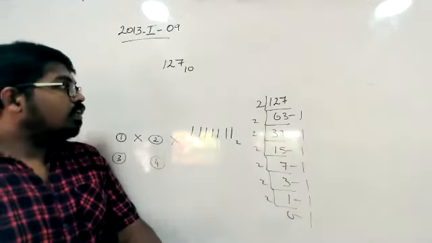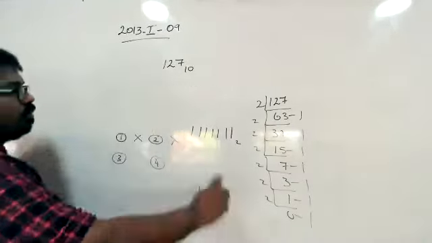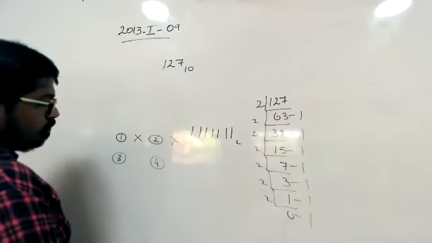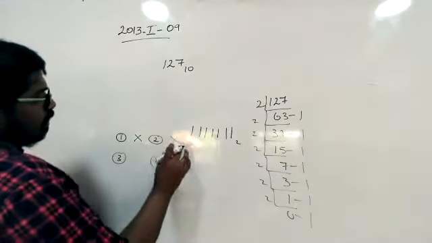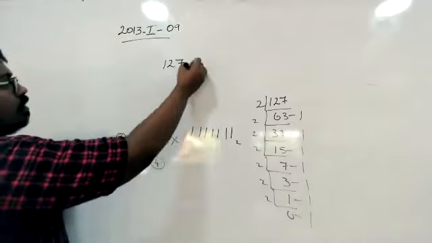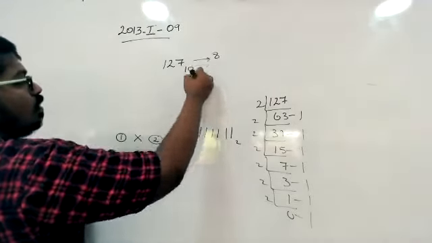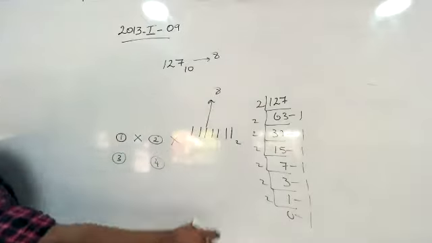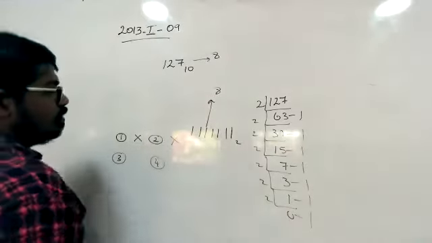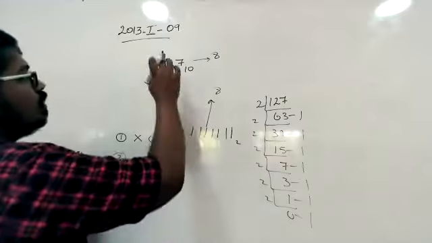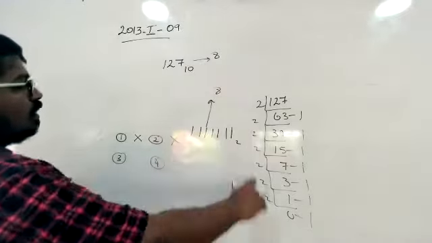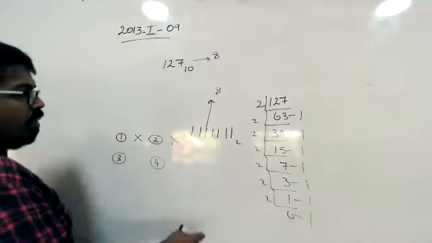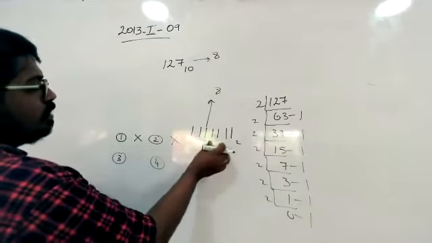Right? Here 127 base 10. I can convert this one to octal or this one to octal. Why? This is 127 base 10, like the binary equal. So I can perform this conversion or this conversion. But for me, this is simple.